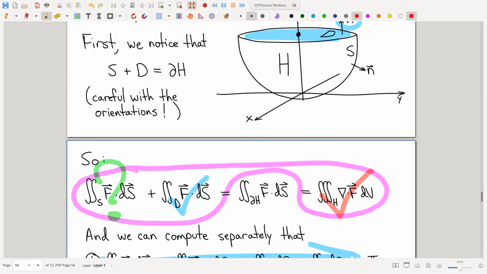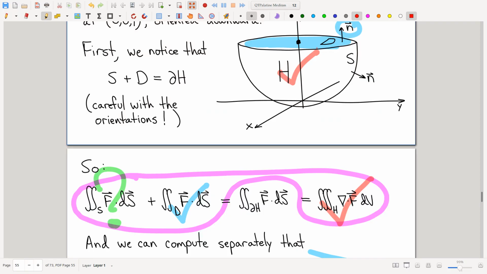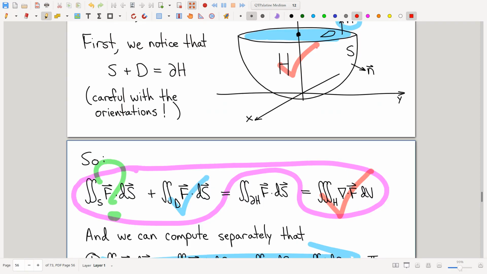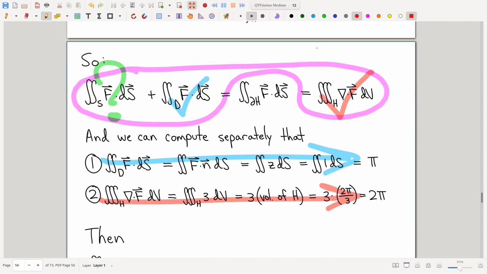Because we have not such a bad solid there, and the divergence is constant. Now the divergence isn't 0, but the divergence is 3, as it turns out, and 3 is pretty easy to deal with. So there you go.